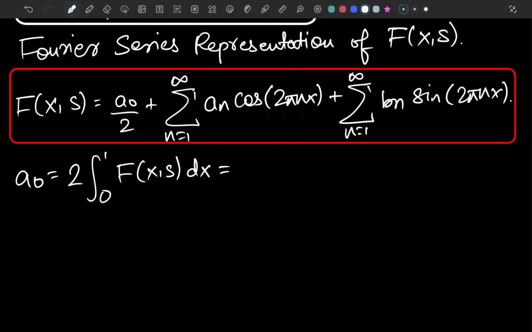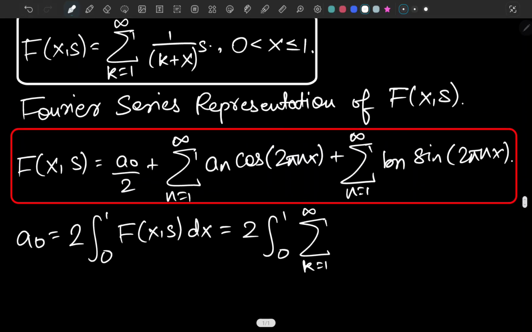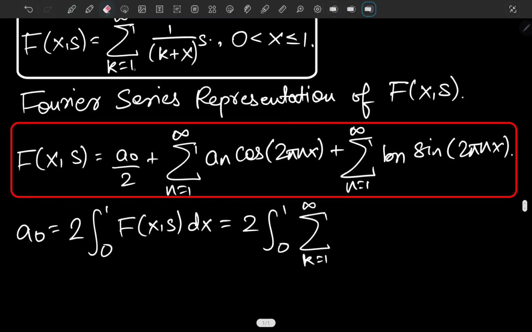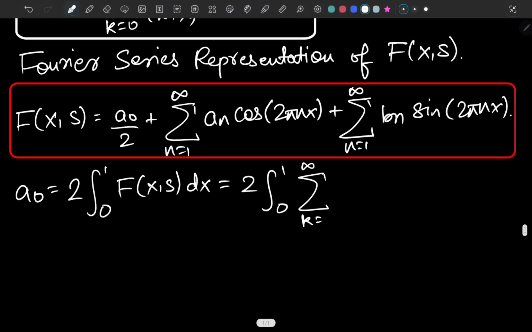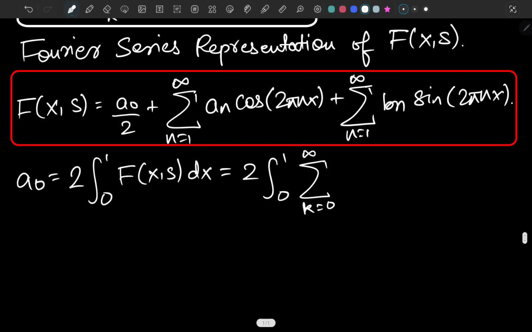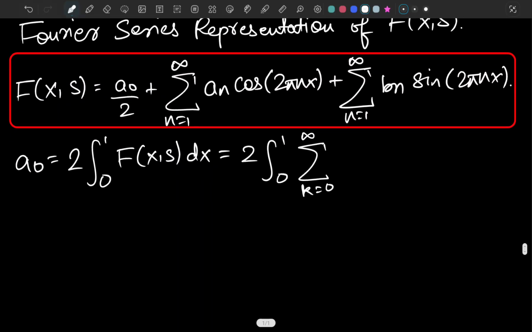So it's 2 times the integral from 0 to 1 of the sum as k goes from 0, I think we should consider 0, because the Hurwitz zeta function begins from 0, not from 1 as the Riemann zeta function does.